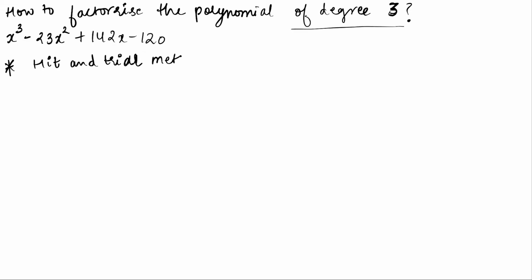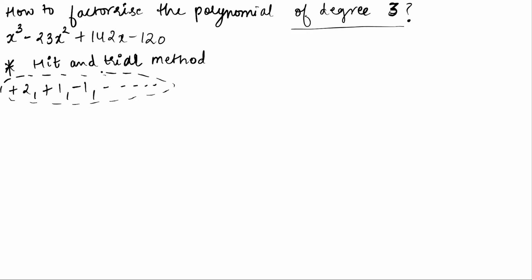Hit and trial method. What does this hit and trial method say? We have to take some values by our own. Like we can take plus 2, plus 1, maybe minus 1, or any other value by our own choice. Okay. Now, why are we going to select these numbers?